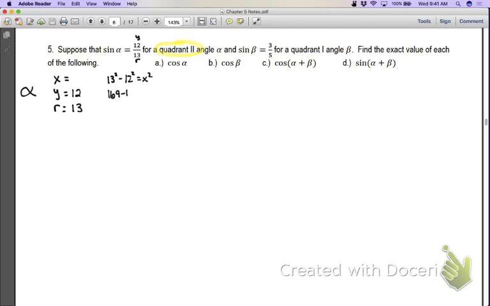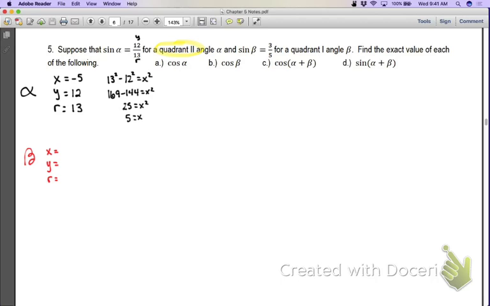So 169 minus 144, 25 equals x squared. X is 5, but we already talked about that it actually needs to be negative 5. I'm going to do the same thing with my beta angle as far as x, y, and r.